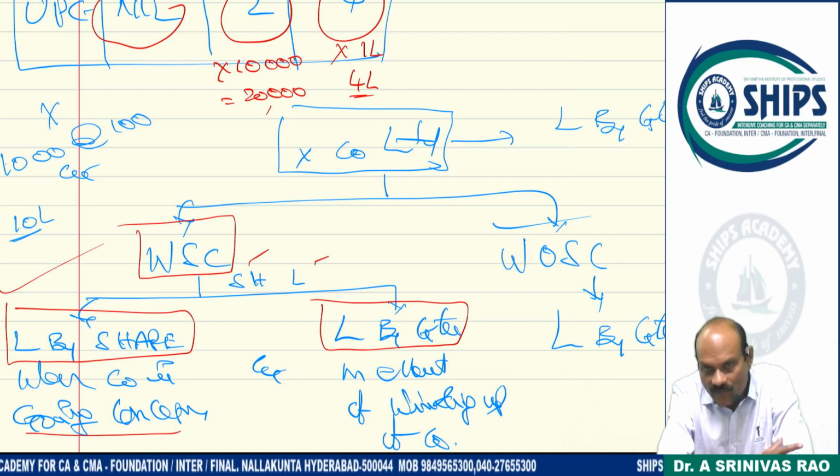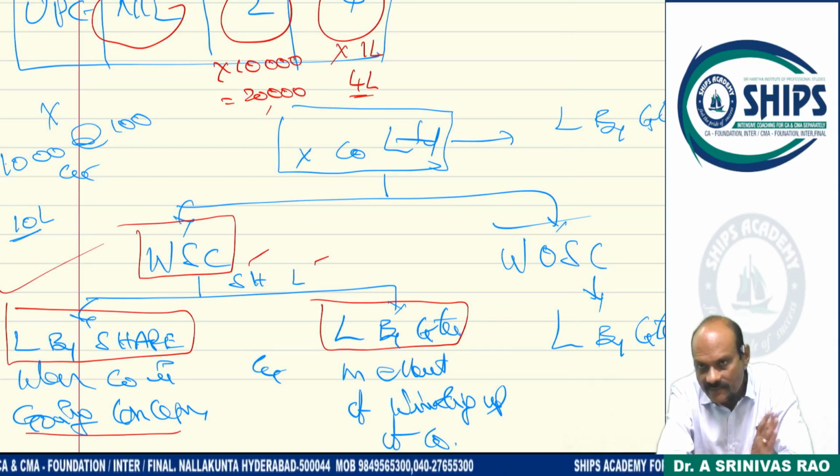So only with capital, these two points will come. When no capital is there, directly the guaranteed amount.